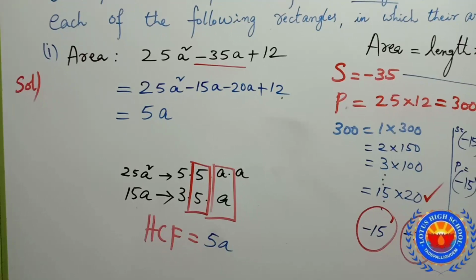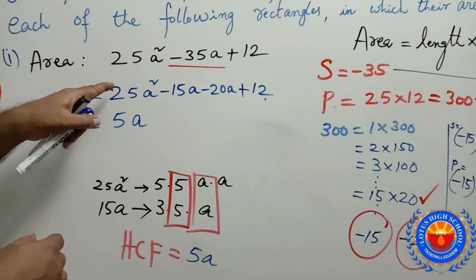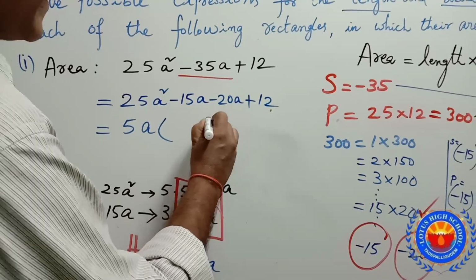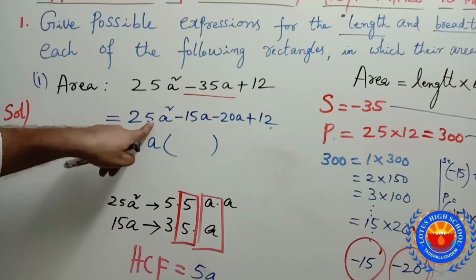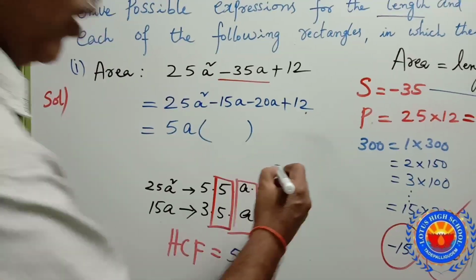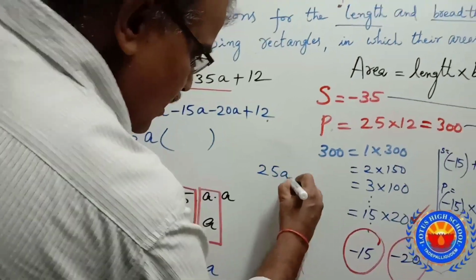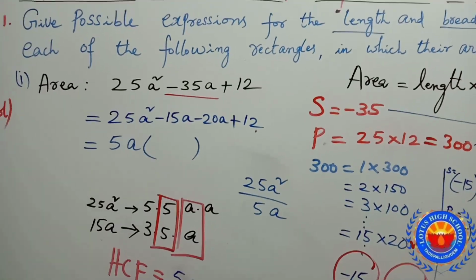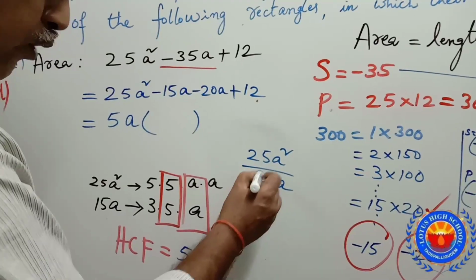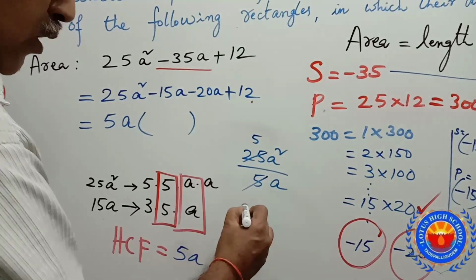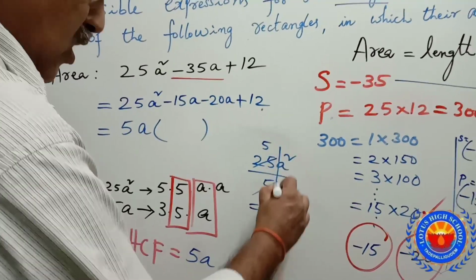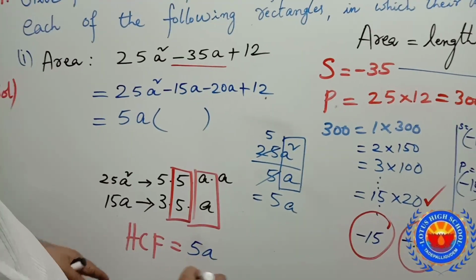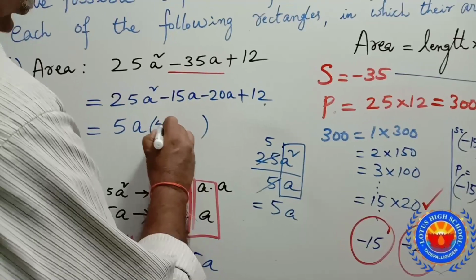Now the next step is 25a square divided by 5a, in brackets. 25a square is nothing but 25, 5 table: 5 times 1, 5 times 5. So the answer is 5. A square by a is equal to a. So the leftover is 5a.